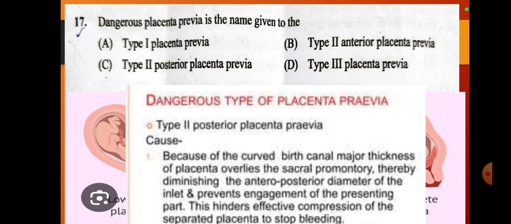Because of the curved birth canal, major thickness of placenta overlies the sacral promontory, thereby diminishing the anteroposterior diameter of the inlet and preventing engagement of the presenting part. This hinders effective compression of the separated placenta to stop bleeding.